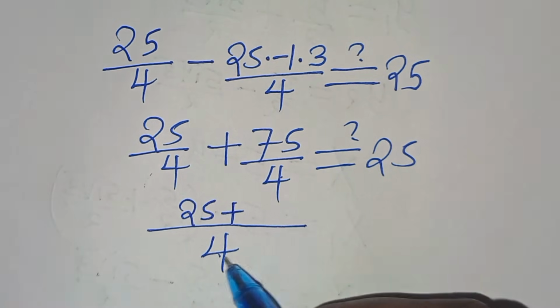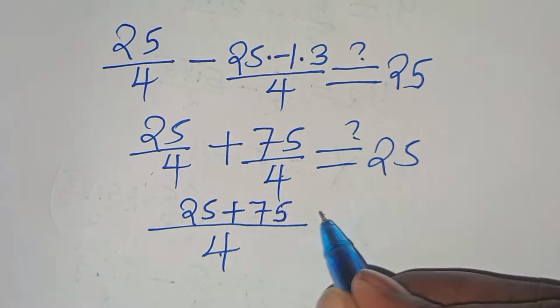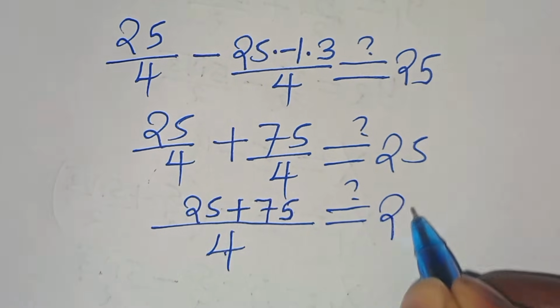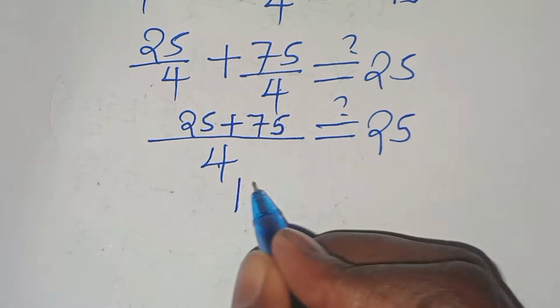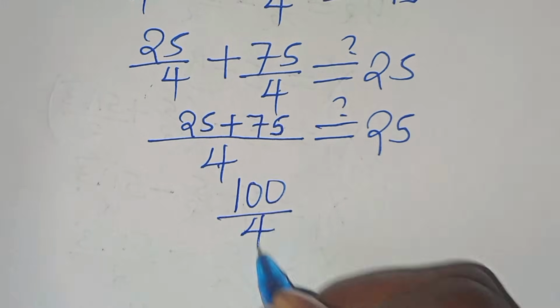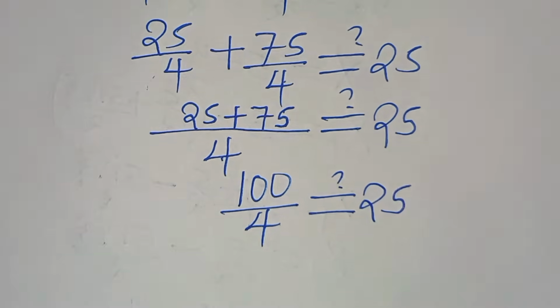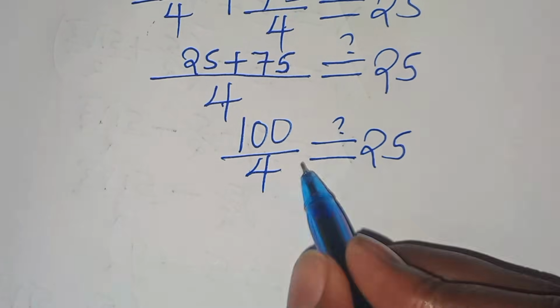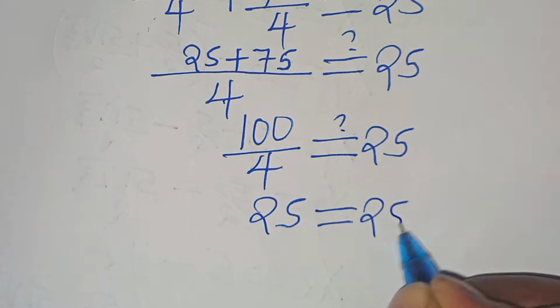Then plus 4 divided by 4, this is 1 times 75. This is 75. And this is supposed to give us a value of 25. So 75 plus 25, this is 100 over 4. 100 divided by 4 is equal to 25, which is equal to 25.